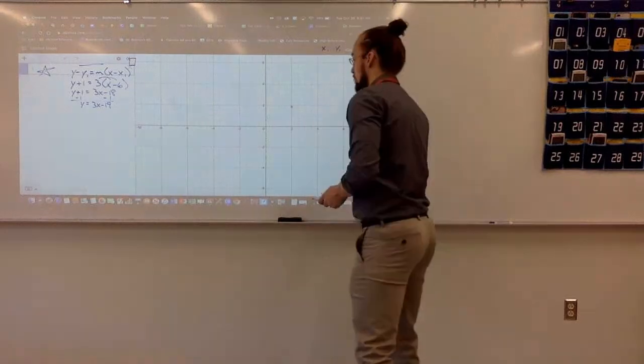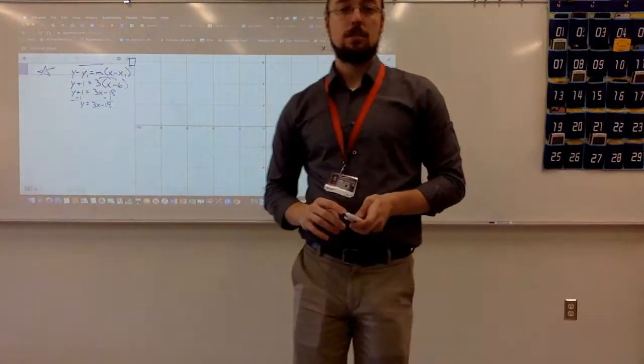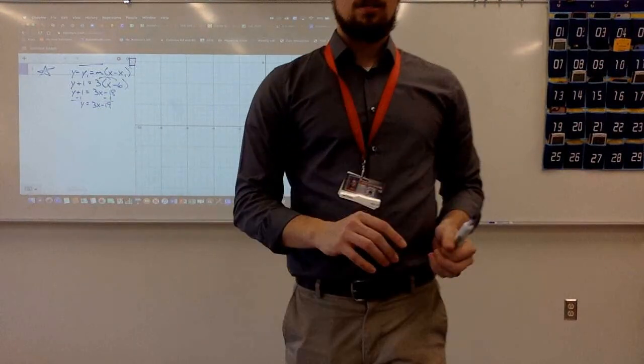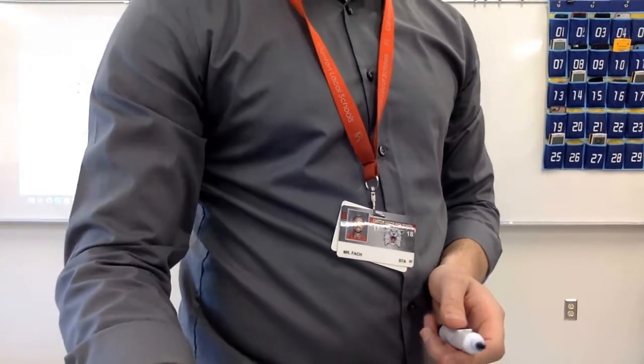Alright, so I want my new line to go through the point 6, negative 1, right? And my old line was y equals 3x minus 7.